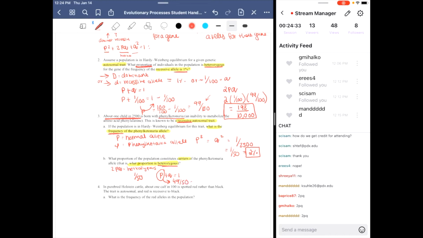So if we plug all the variables in, it'll be 2 times 1 over 50 times 49 over 50. And that gives us 98 over 2500. And this proportion will be our final answer because the question did not ask for frequency.